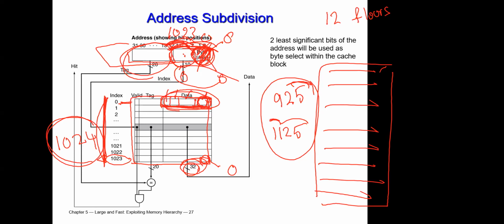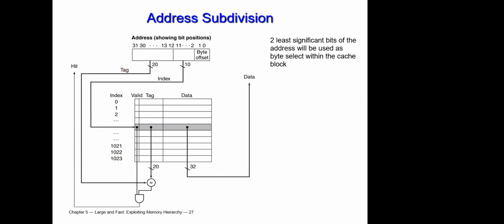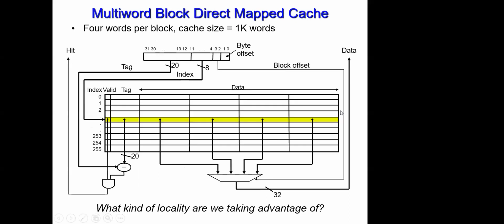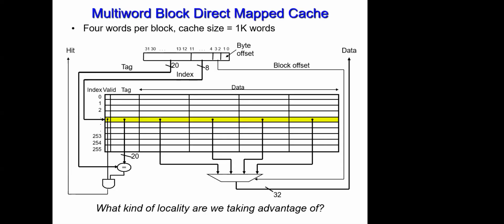Let's take another example. So here is another example. I am giving you this information: 4 words per block.